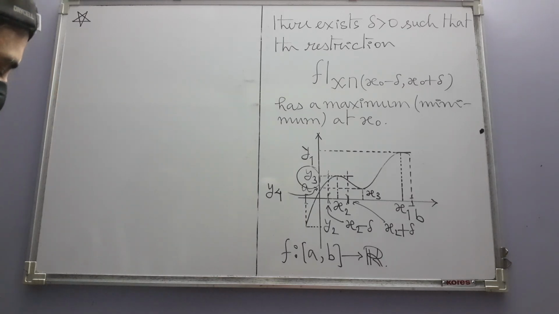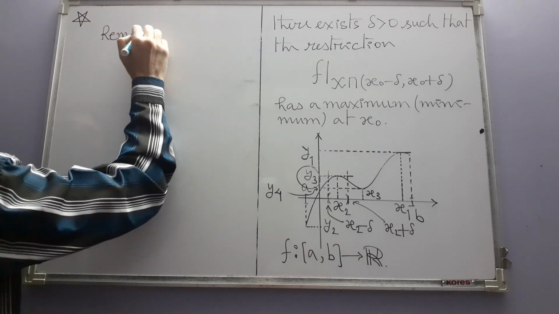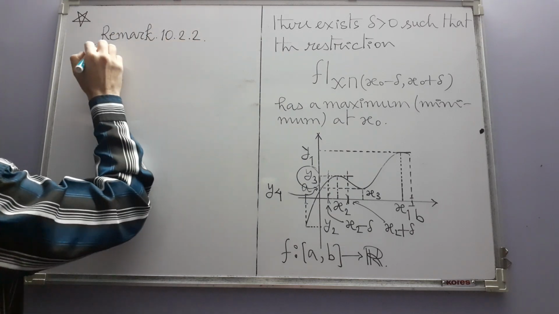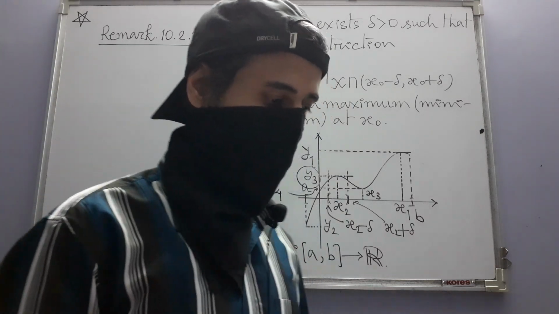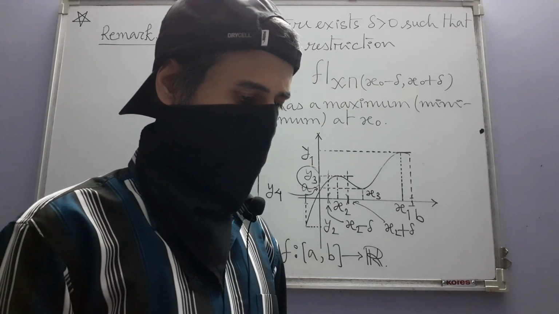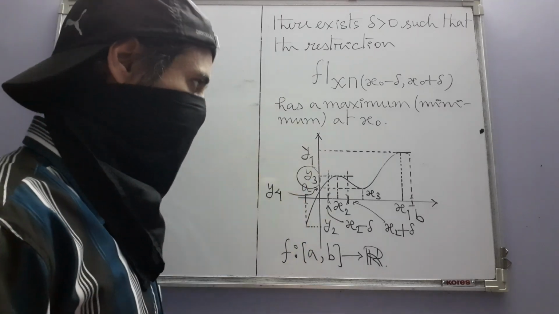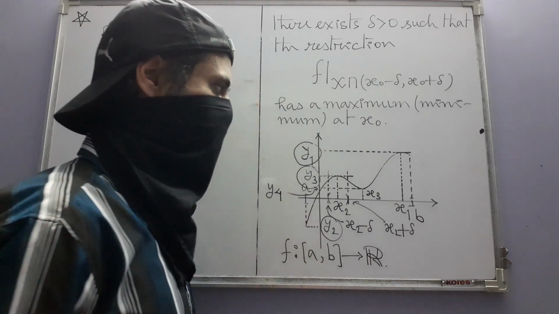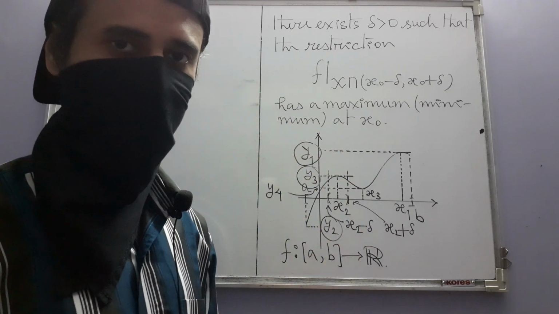Oh, well, before the example, there is a remark, however. What this remark says is that the remark is just about calling this a global maximum and calling this value a global minimum in order to distinguish them from their local versions.